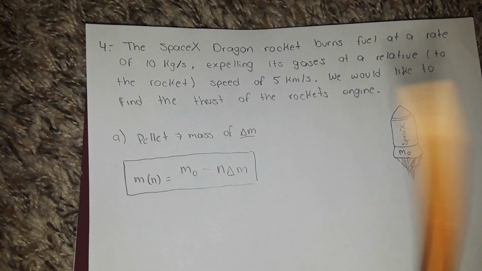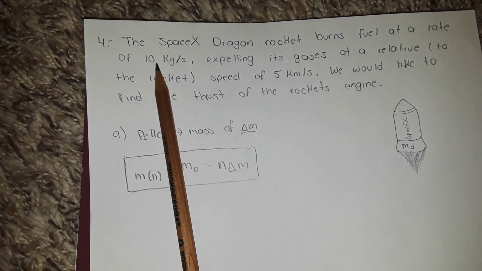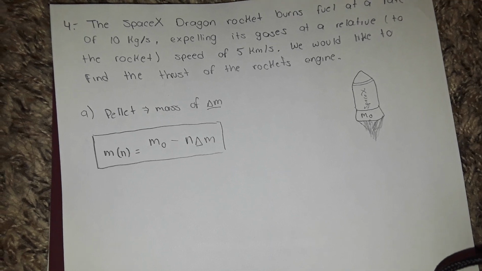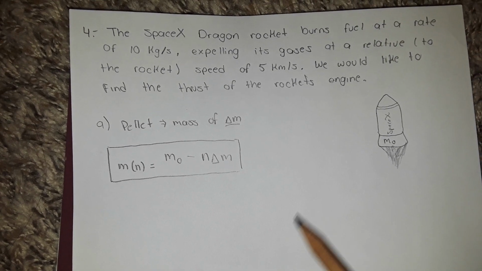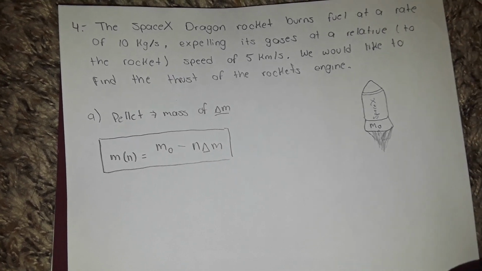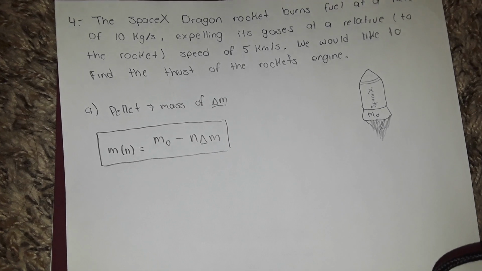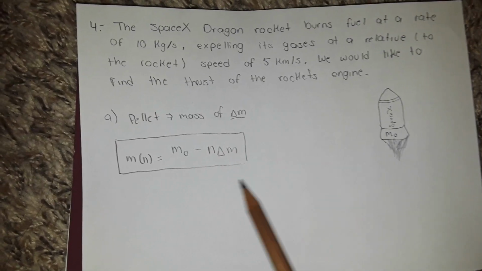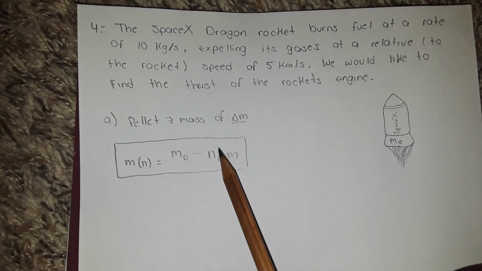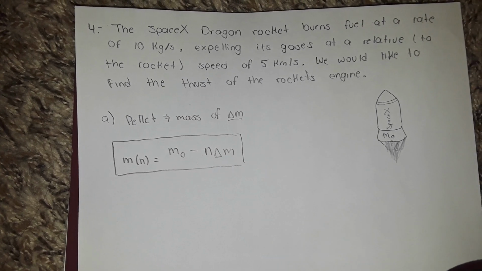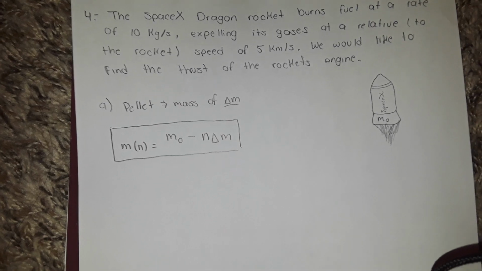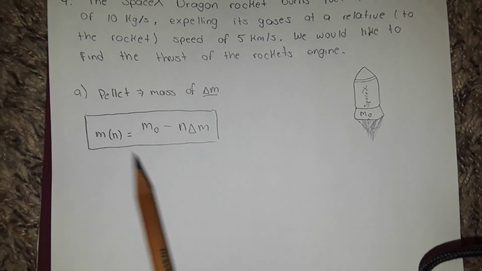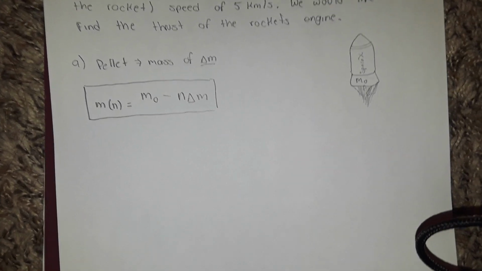Someone could say that maybe the 10 kilograms per second would work, but it doesn't really tell us that each pellet is maybe 5 kilograms, 10 kilograms, maybe even 20. In that case, it would be one half of a pellet every second. So I think this is a better representation of the fuel burning.